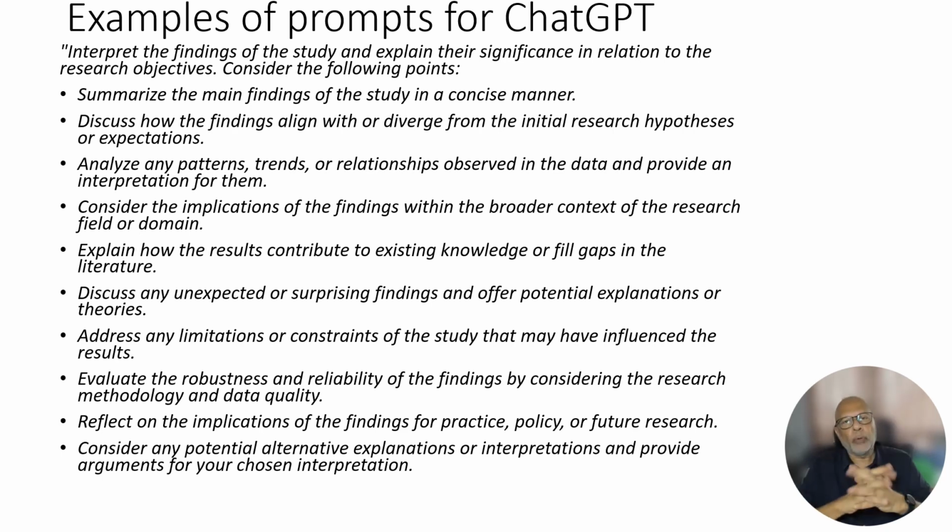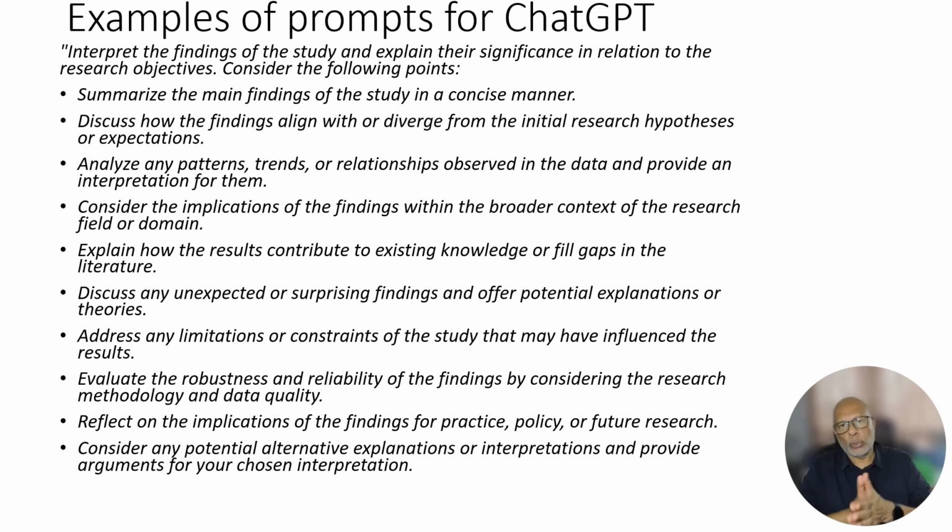And here's an example of a prompt that you could use. You need to contextualize this to your research. You may have to change some of this, and this would help to structure that discussion in accordance with the requirement.